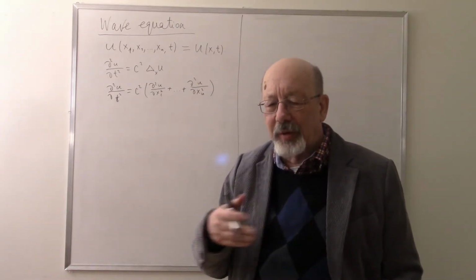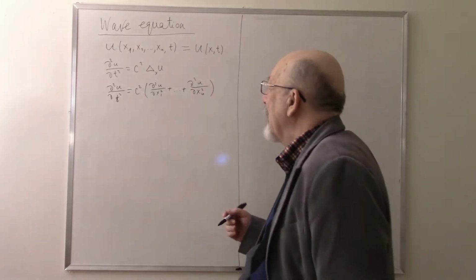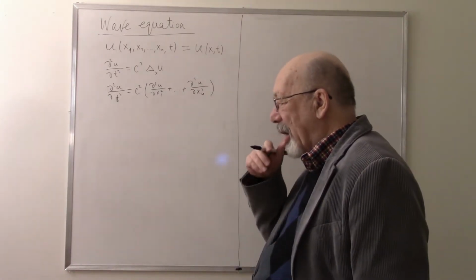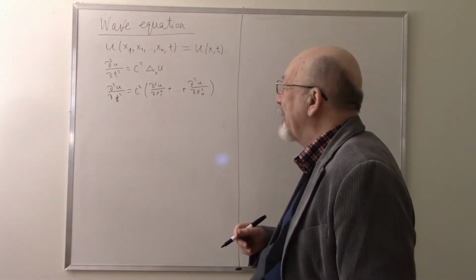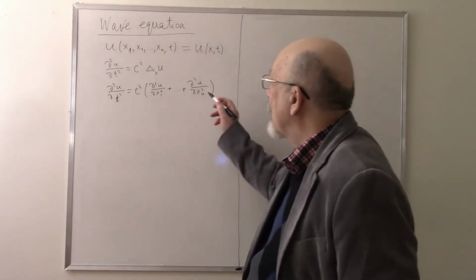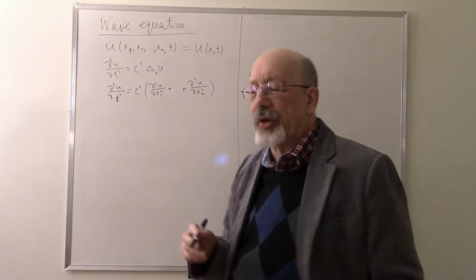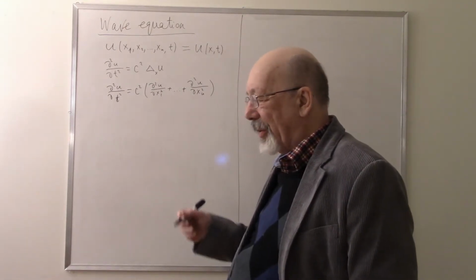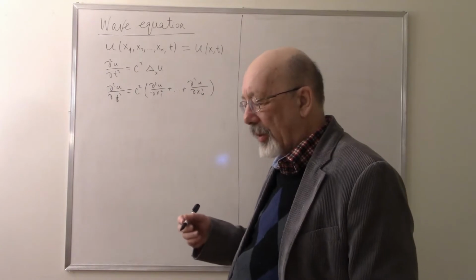In other words, the sound. So I will not enter in further physical details. I would like to consider this equation as differential equation and find the ways to solve it.